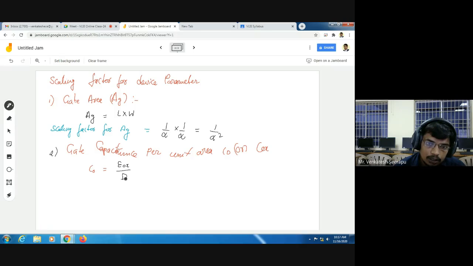What is epsilon? Permittivity. Yes, it is the permittivity and it is a constant value. There is no scaling factor for a constant value. Now I want to calculate the scaling factor for C naught.